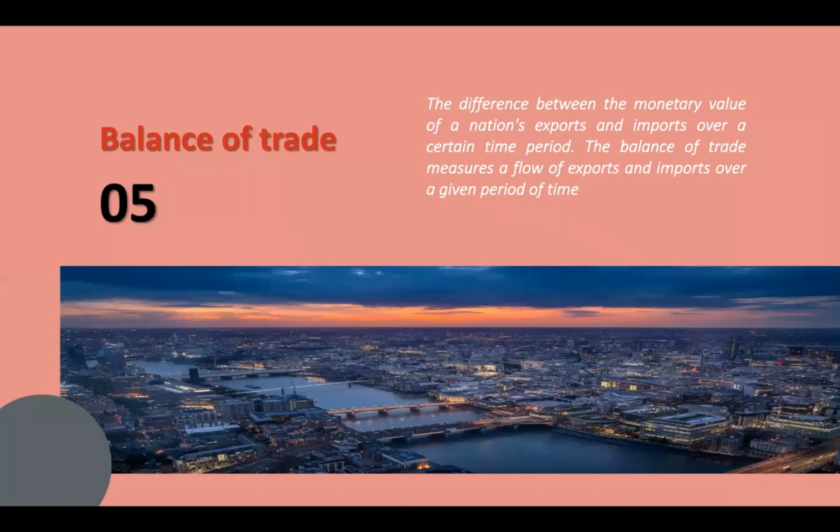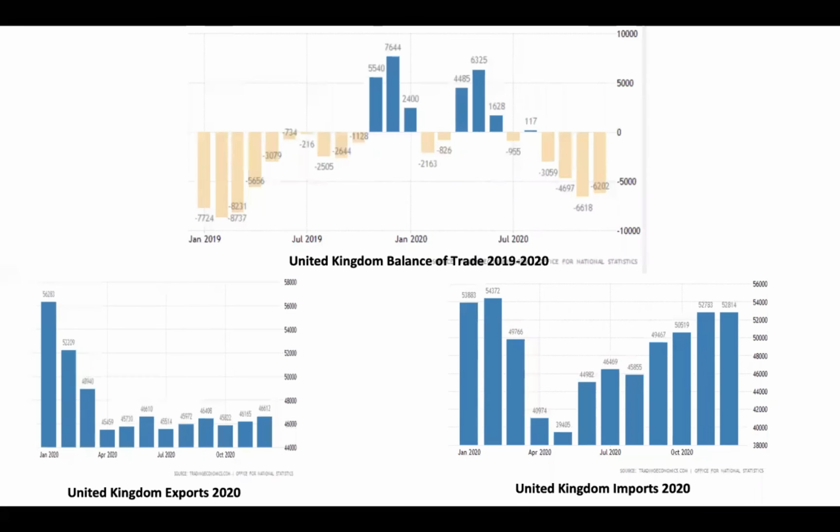The balance of trade measures a flow of exports and imports over a given period of time. COVID-19 had a significant influence on the UK trade balance. To see the effect, we will be comparing 2019 before COVID-19 and 2020 when COVID-19 appeared. We have three graphs to show the differences.